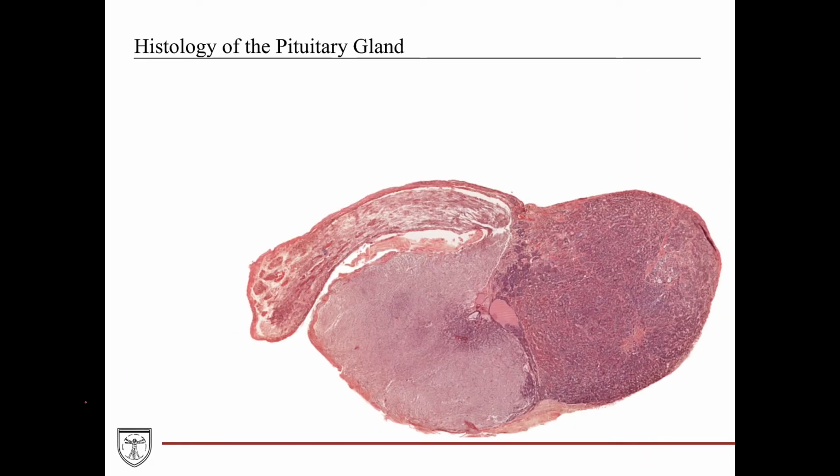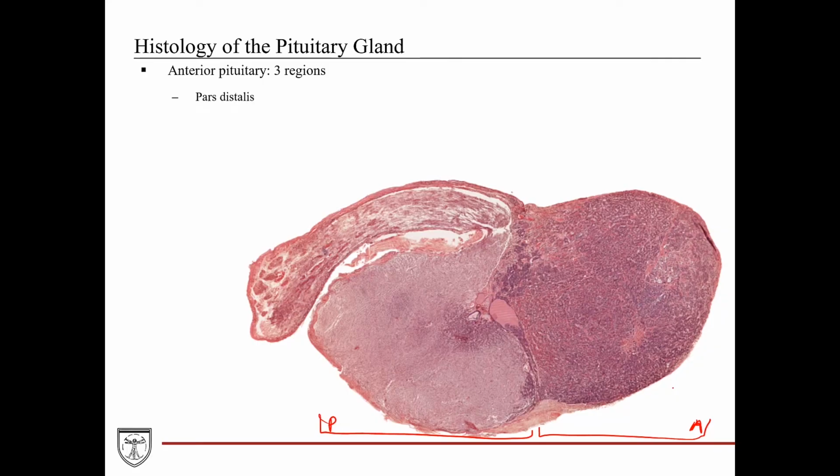From the histological perspective, not only can we divide the pituitary gland into these big anterior pituitary and posterior pituitary or neurohypophysis, but also we can subdivide each of these big lobes into smaller and specialized regions. The anterior pituitary can be divided into 3 subregions.